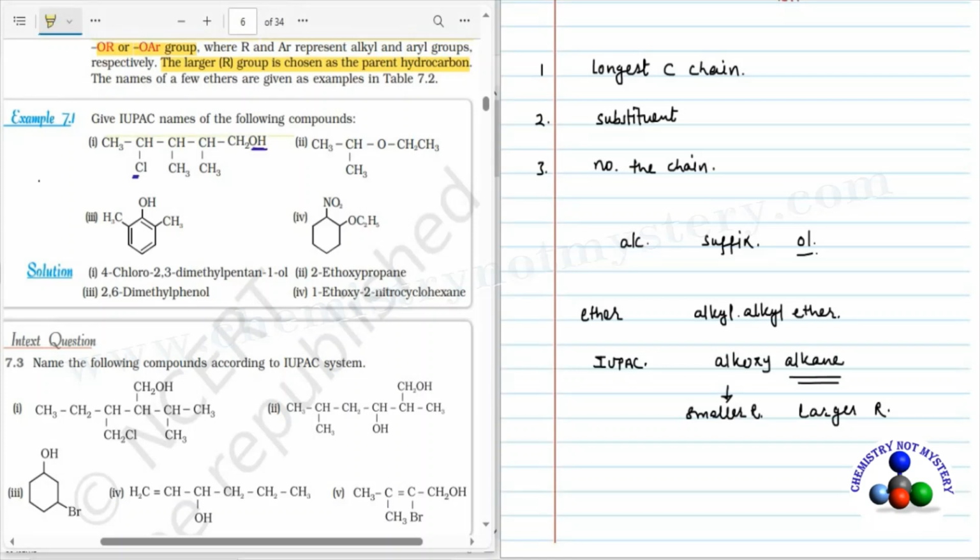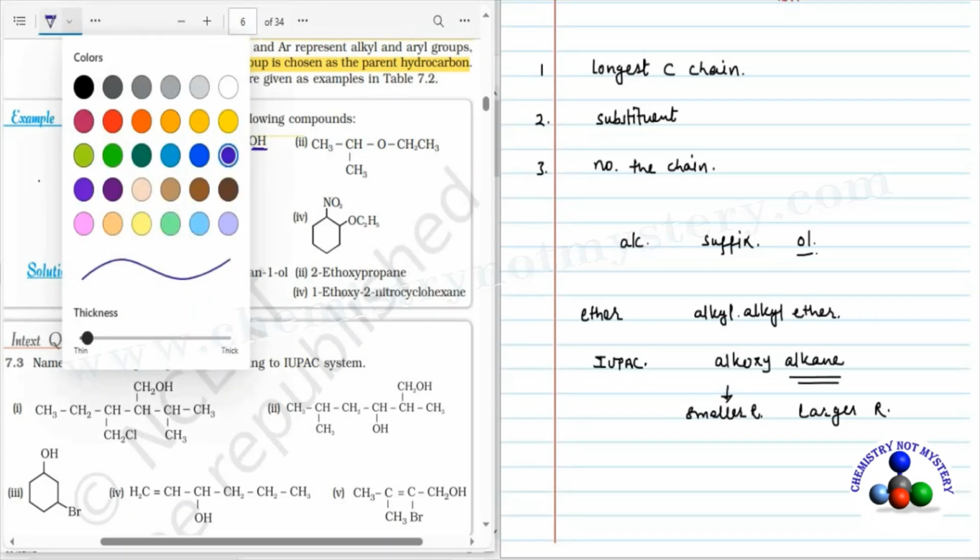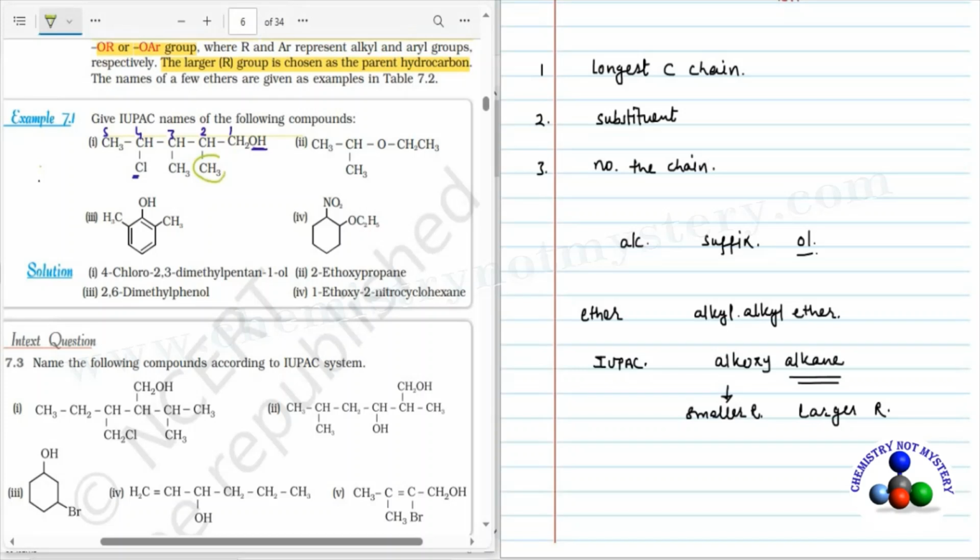Now select the longest carbon chain. So here it is a 1, 2, 3, 4, 5 carbon long chain. So here we can number it 1, 2, 3, 4 and this is a 5 carbon long chain. And there are substituents. So this is one methyl substituent, this is another methyl substituent and this is Cl.